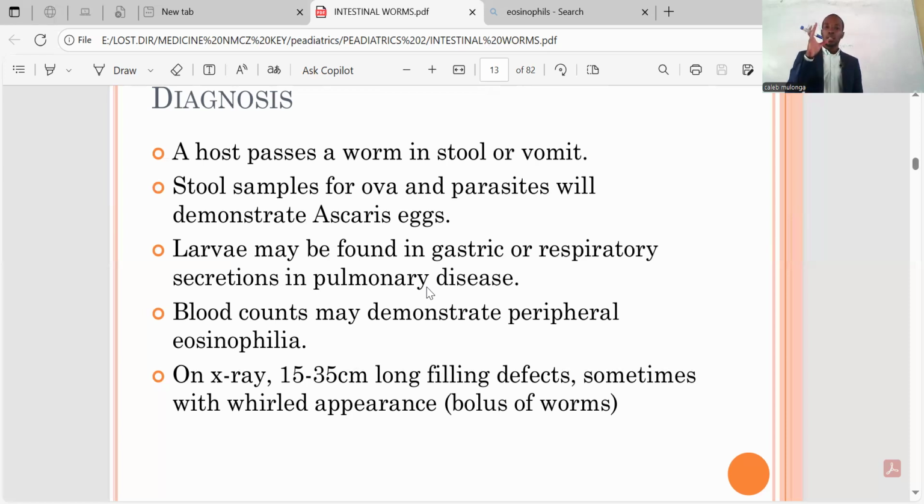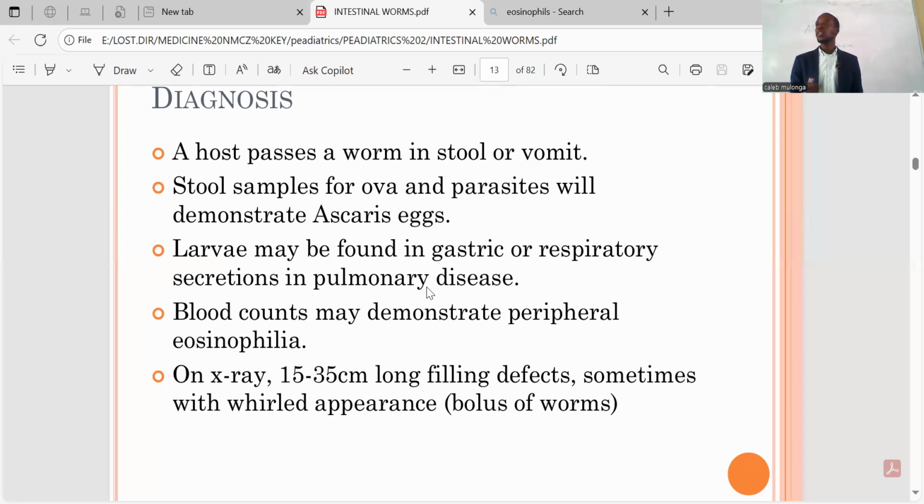Because the larva is migrating to the lungs, there can be presence of this larva in the sputum. So those are the laboratory investigations.